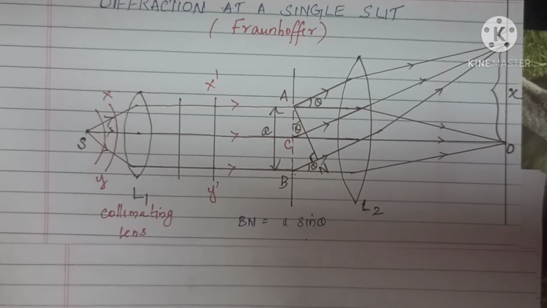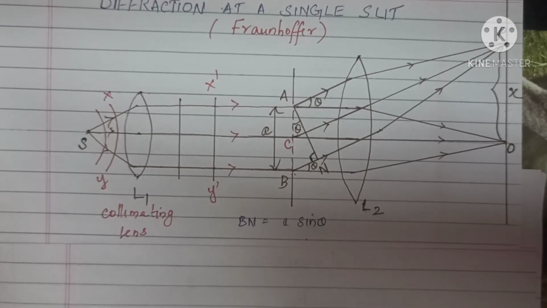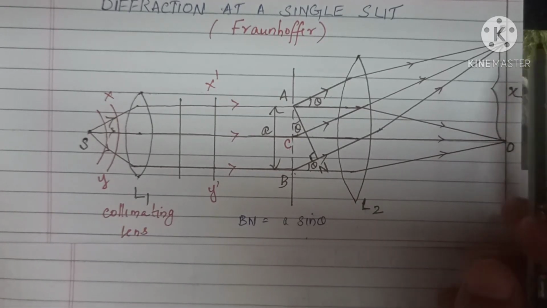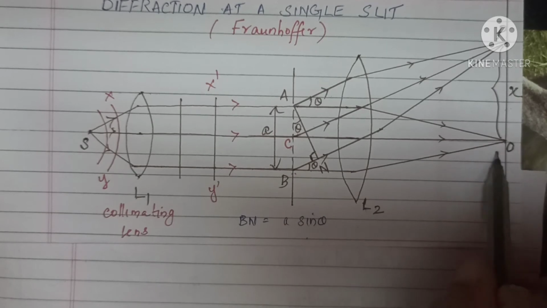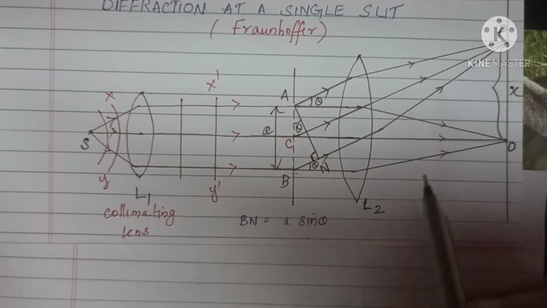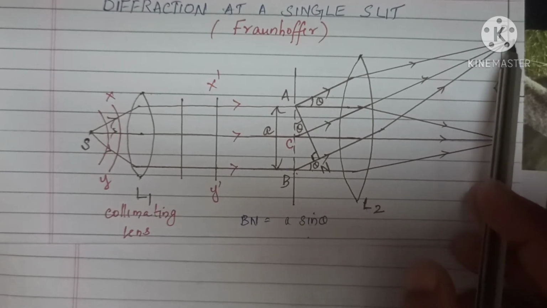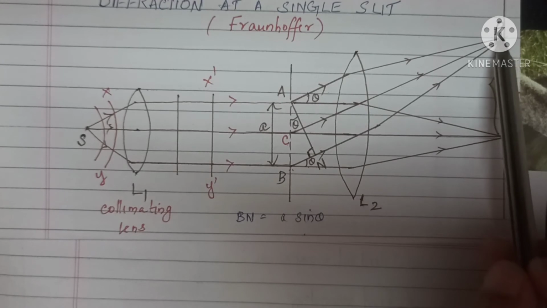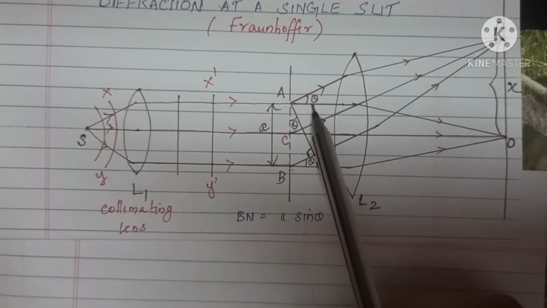So moving to the condition of secondary maxima, we are considering a point on the screen, somewhere here, which can be above or below the point O. Let it be P1 dash. For minima we considered P1, P2, etc.; here we are considering P1 dash, P2 dash, etc. So if it is P1 dash, the angle becomes theta 1 dash.